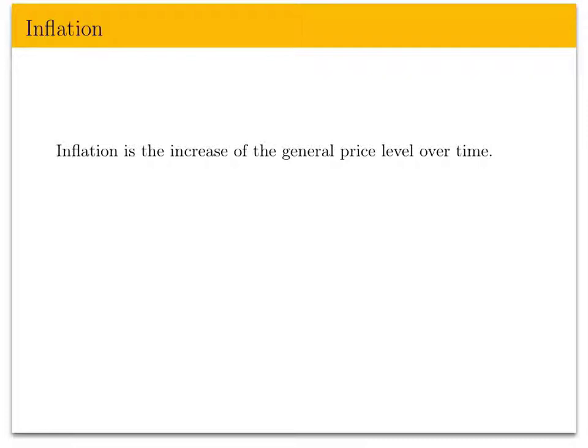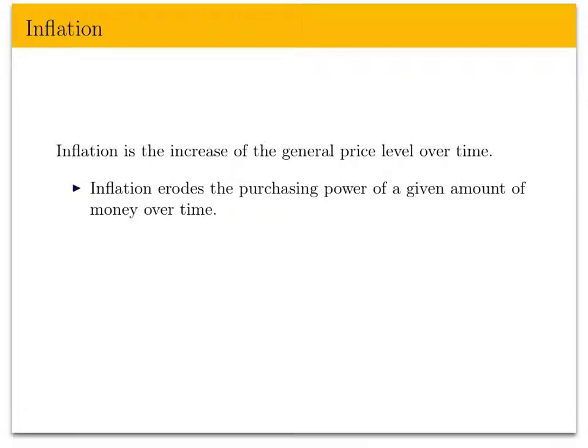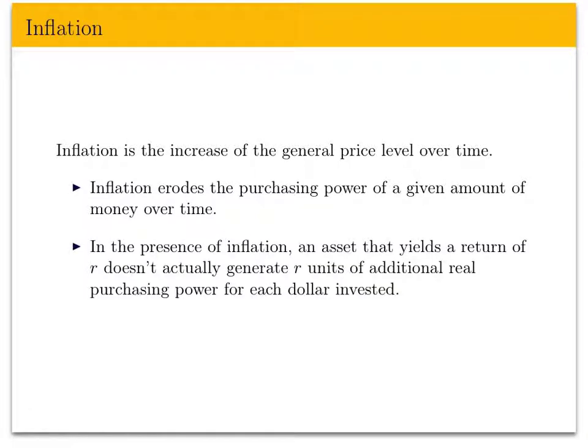Let's finish our discussion of interest rates by talking about nominal versus real interest rates and how they relate through inflation. Inflation is the increase of the general price level over time. So inflation erodes the purchasing power of a given amount of money that you have in your wallet over time.